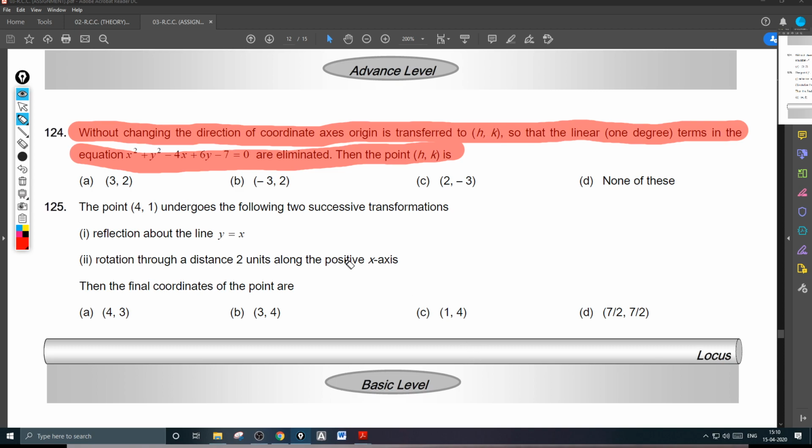Here you have to understand the new origin is nothing but HK.